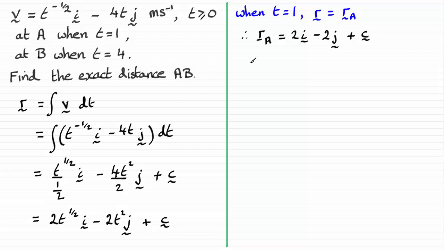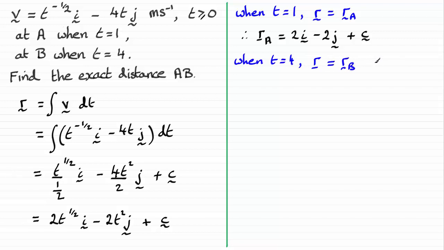I'm going to look at the next case, that's at B when t equals 4. So we'll just put a note in here. We've got that when t equals 4, the particle is at what I'm going to define as RB.